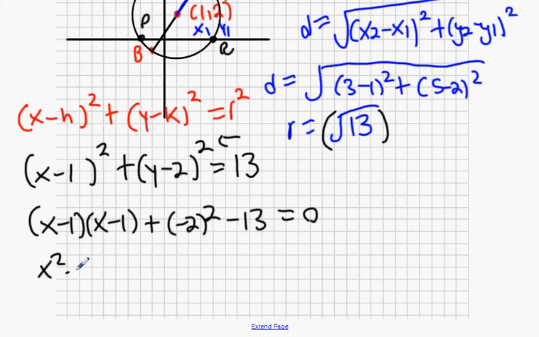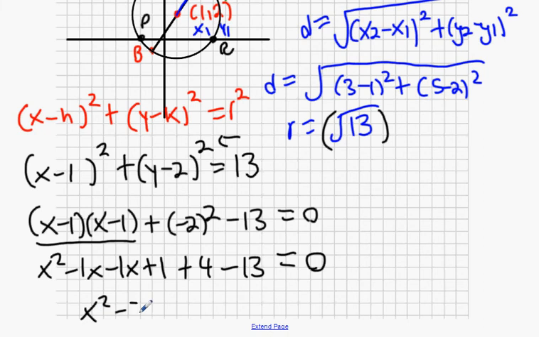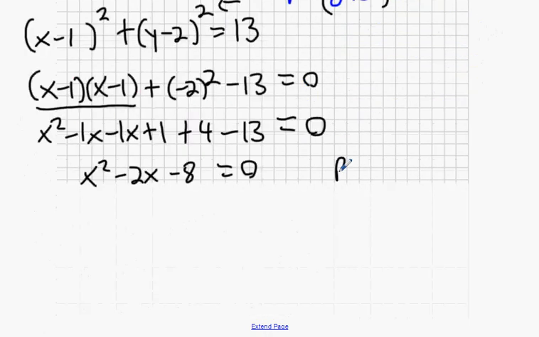Multiply it out. X squared minus 2x plus 1. That's that part there. Then it's plus 4 minus 13. What happens next, guys? X squared minus 2x. 1 plus 4 is 5. Minus 13 gives minus 8. And then finally, what 2 answers? Reference number of minus 8.